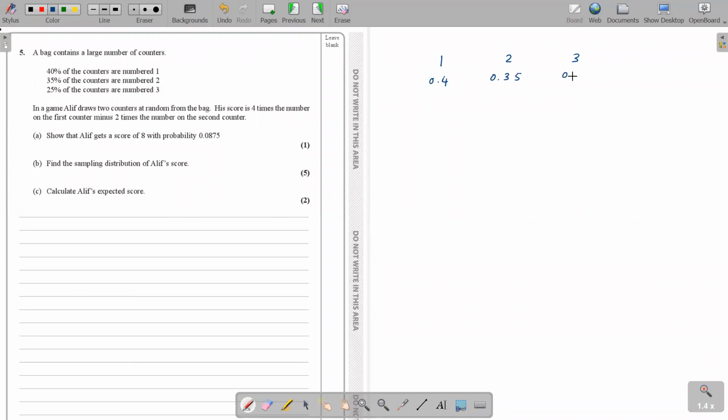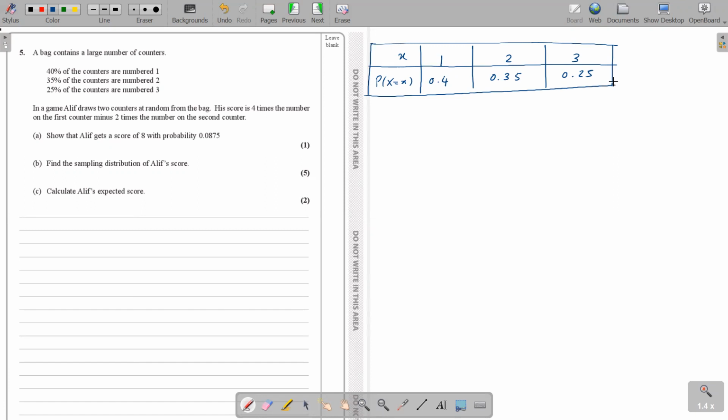Probability of 3 is 0.25. Okay, so what are they saying here?